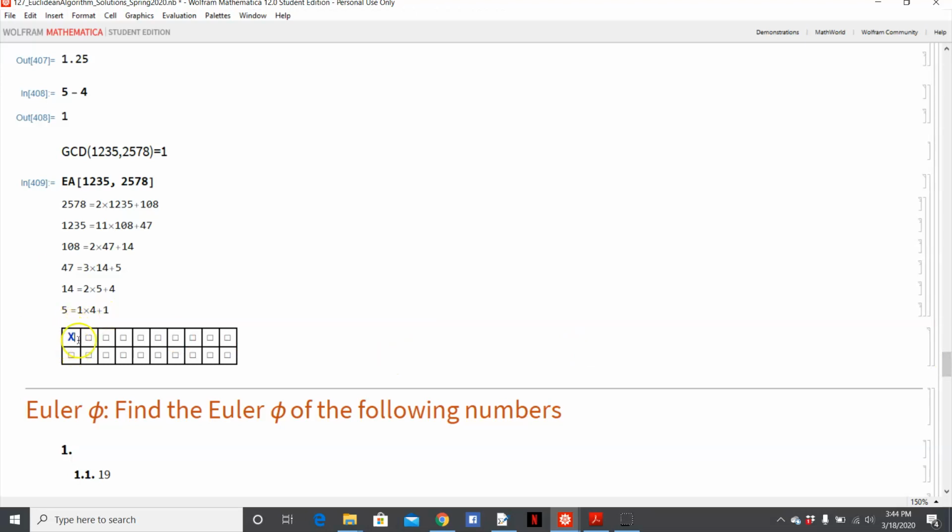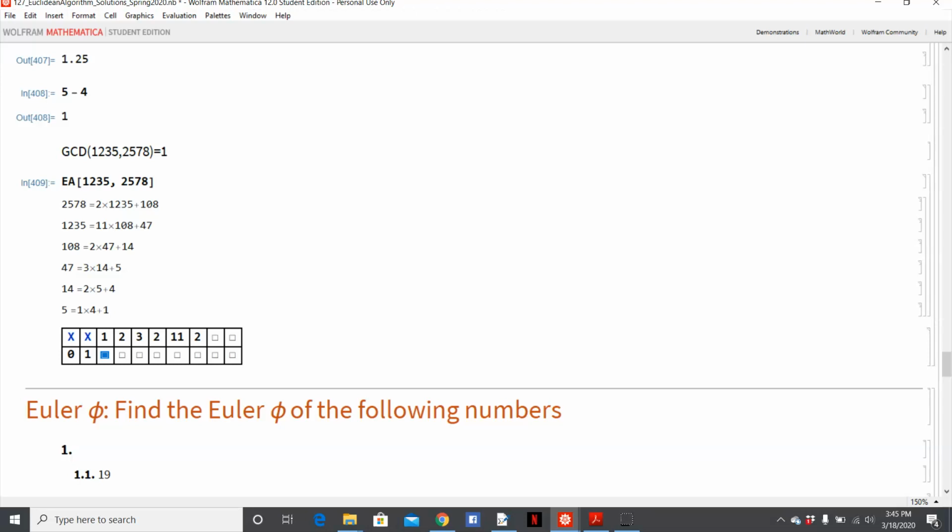All right, so now I should be able to find my inverse. I am going to start my first row, 2 blank cells, and then I take the quotients in reverse order. This always starts 0, 1.